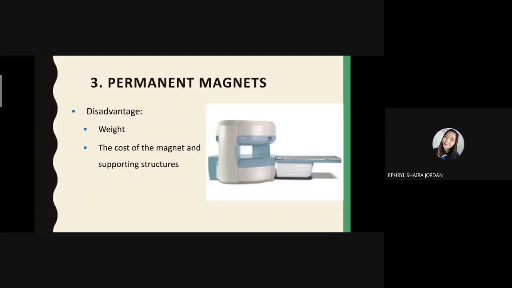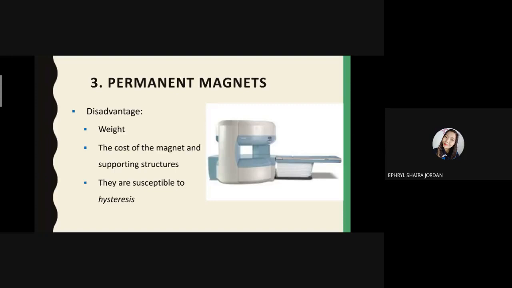Now, if before we discuss the advantage, if ang system hindi nag-require ng cryogen, hindi nag-require ng constant power supply, well, ma-lessen talaga ang maintenance or ang gastos if you are going to use permanent magnets.